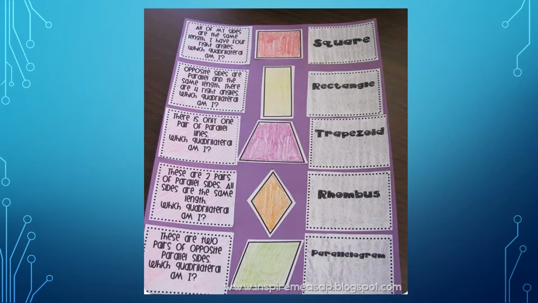This next image that I'm showing you is something I found off Pinterest, and it is an example of an activity that probably won't be good to teach because you are matching up the word with the definition and then the shape.